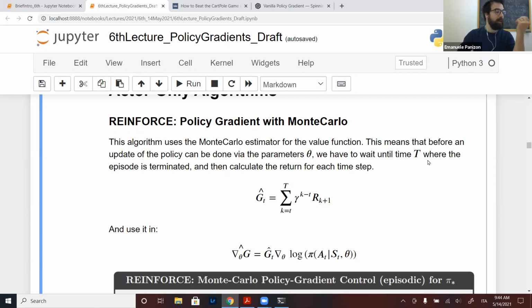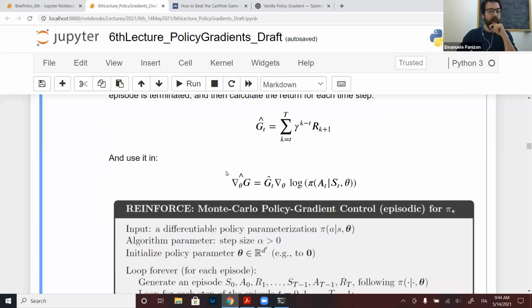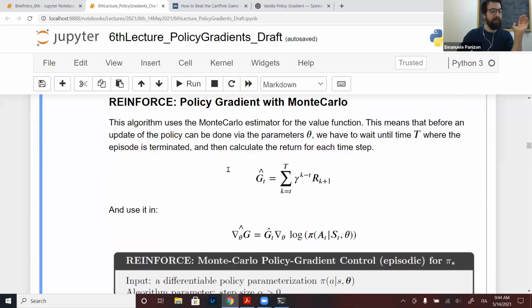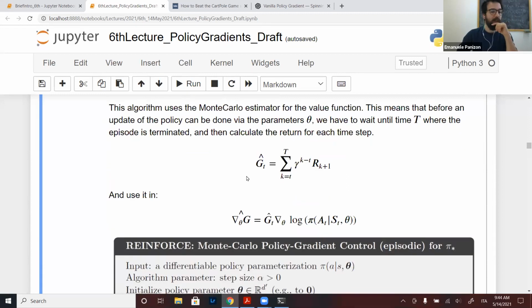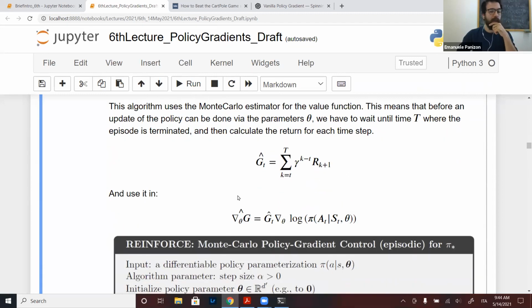So you have to wait the whole time t to get there. And this can be extremely bad in the sense that sometimes the time t is very large. Sometimes you want to be able to bootstrap information faster. But still, this is a perfectly legitimate way of doing things.